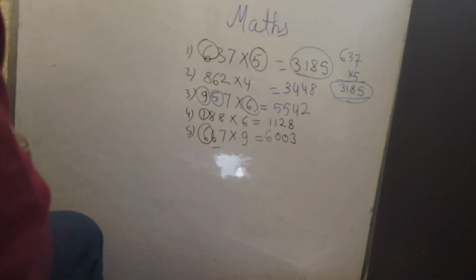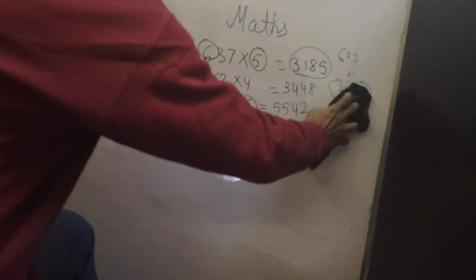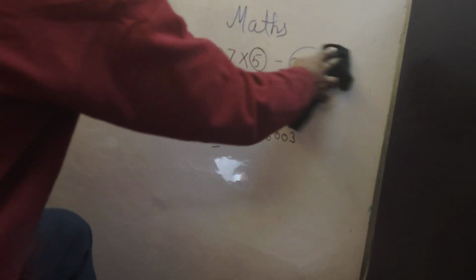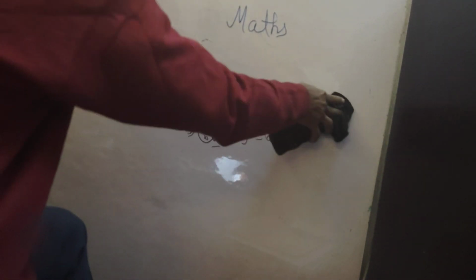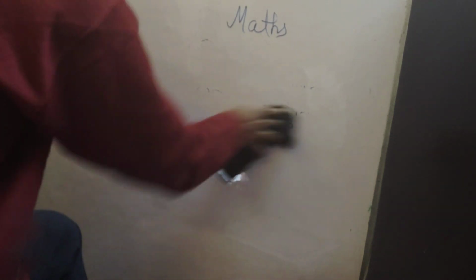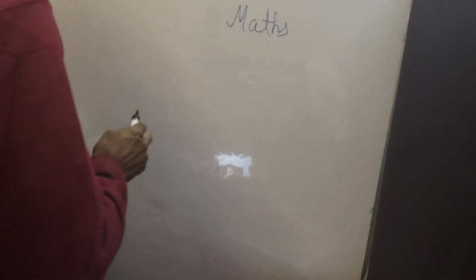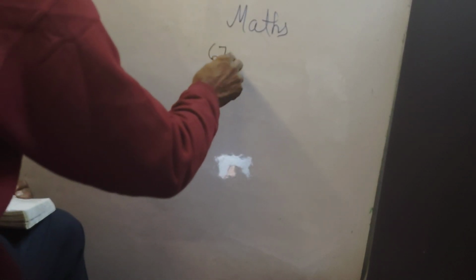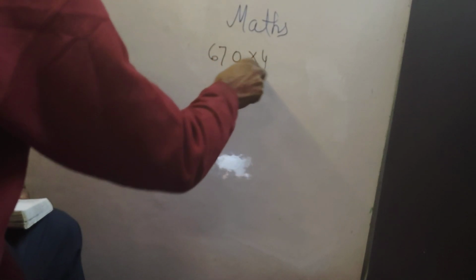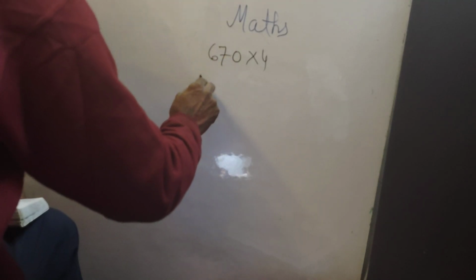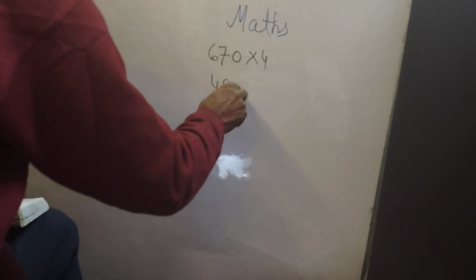So the next 5 problems are similar to these ones. The next 5 problems are: 670 multiply 4. Next is 490 multiply 3.